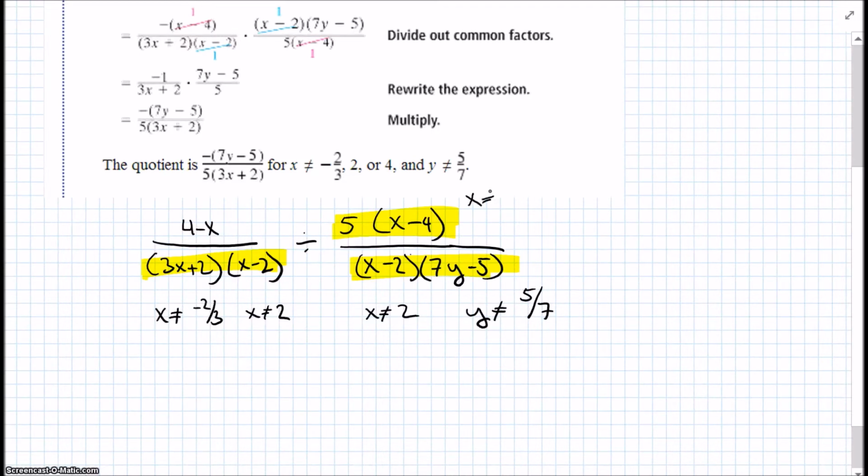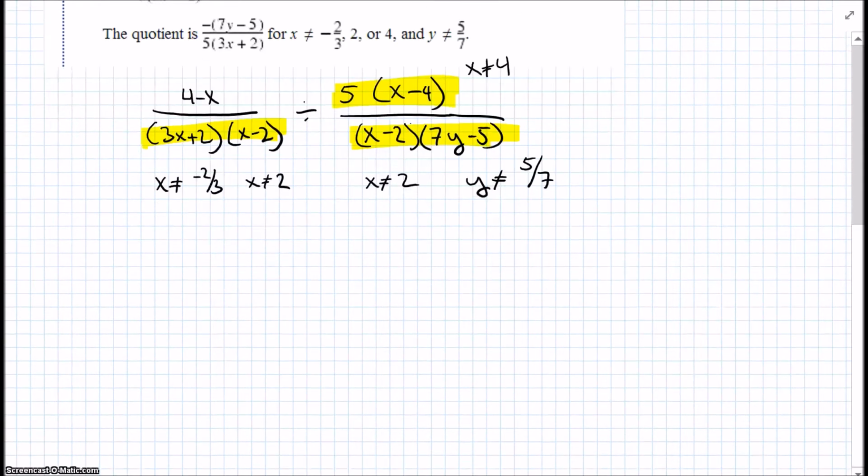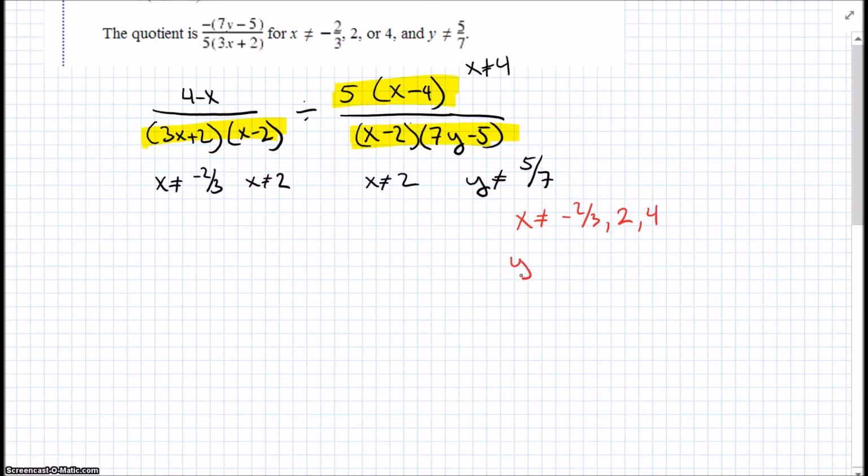And x cannot equal 4. So that's a lot of restrictions. So let's rewrite that. x cannot equal negative 2/3, 2, or 4. And y cannot equal 5/7. So there's part of it.